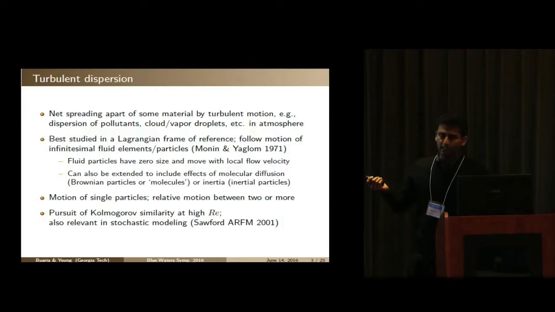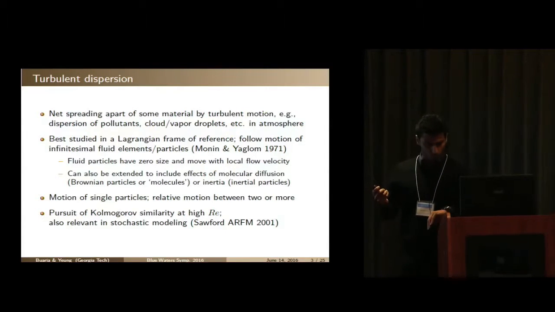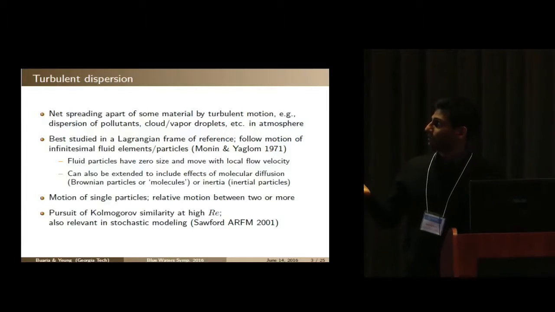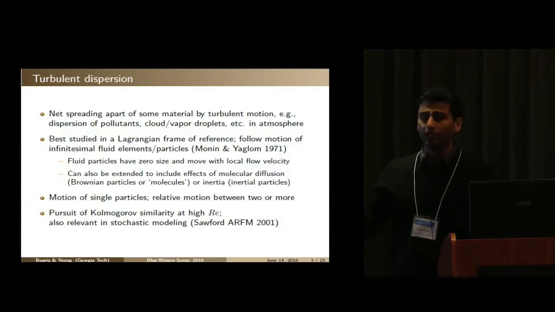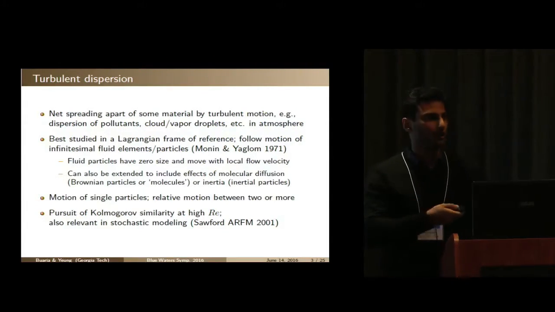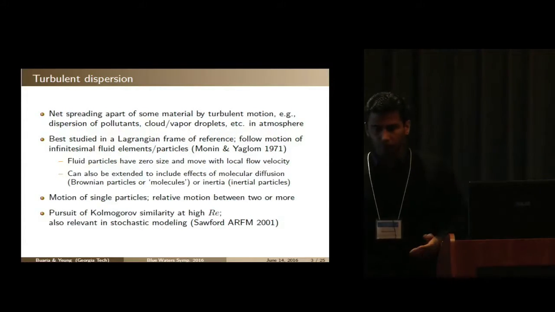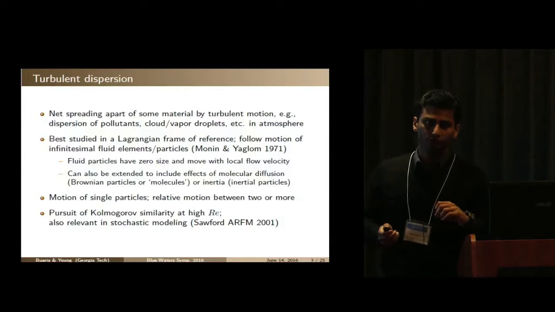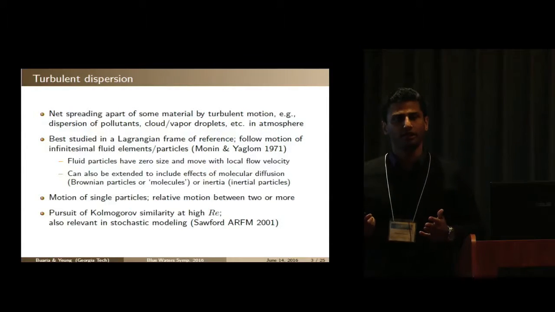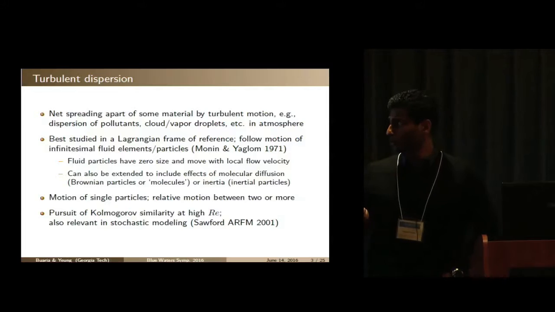The Lagrangian concept can also be extended to study effects of molecular diffusion and inertial particles, as you saw earlier in the session. Typically we look at motions of single particles, or we can look at relative motions between two or more particles.